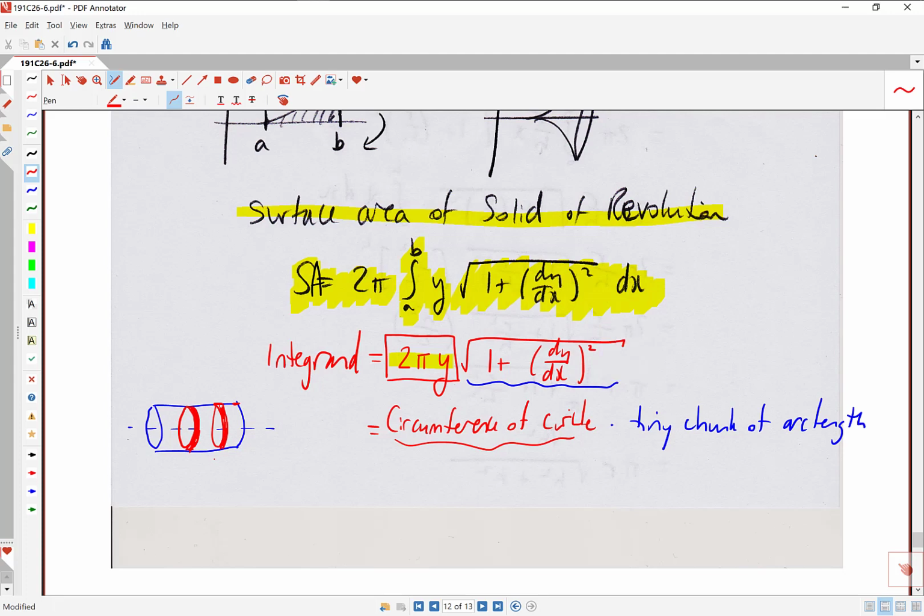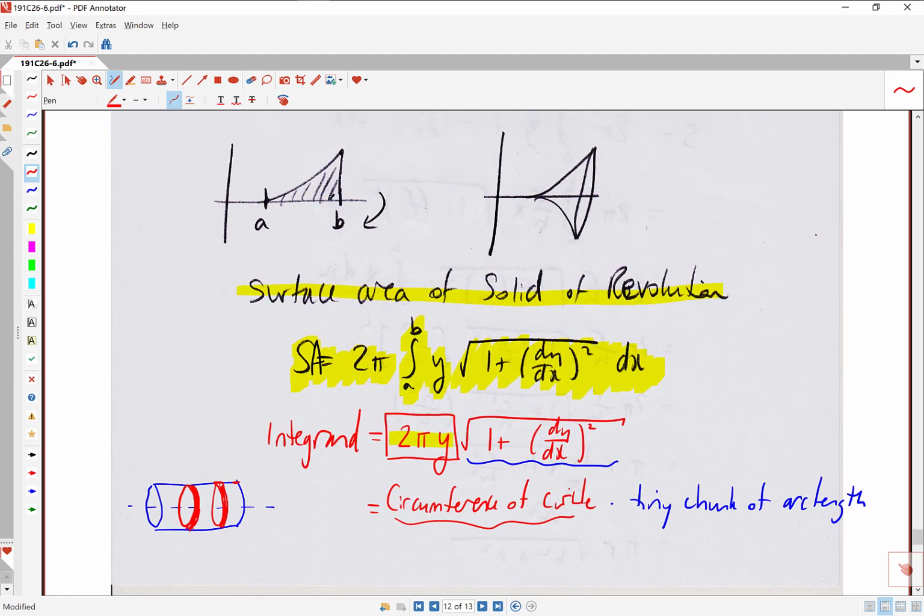And even if you have a more interesting solid, like we have in the picture at the top here, so let's say we take a shape like this, so an area like this, and revolve it, you end up with a solid that then has this sort of a shape. You're still taking these tiny little chunks along your curve, and in each case you're talking about the circumference of the circle times that little bit of arc length.